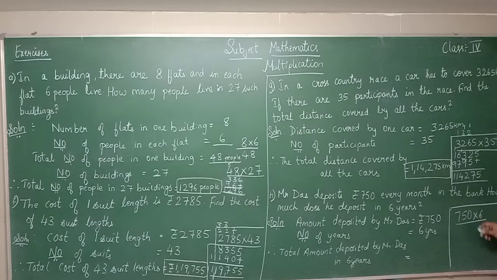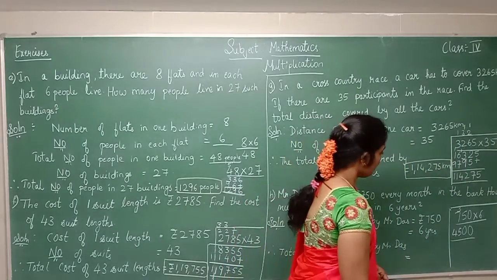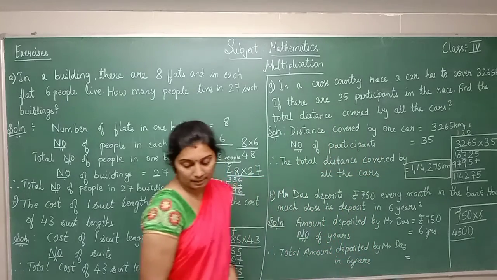Just one number there. It will be very easy. 6 zeros are 0. 6 fives are 30. 6 sevens are 42. 42 plus 3, 45. So how much is deposited there? 750 into 6 years, right?